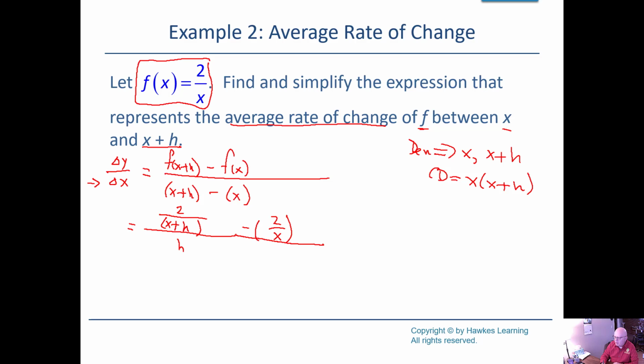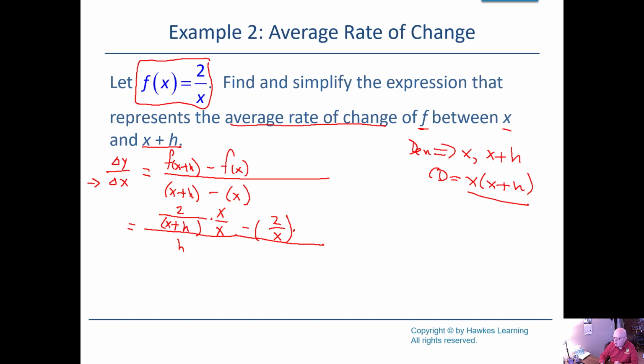So, fortunately I've got enough space here. I need this one to also have an x in the denominator, so you get this common denominator. To do that, you're going to multiply by x over x. So you're just multiplying by 1, everything's still good, but you'll have a common denominator.